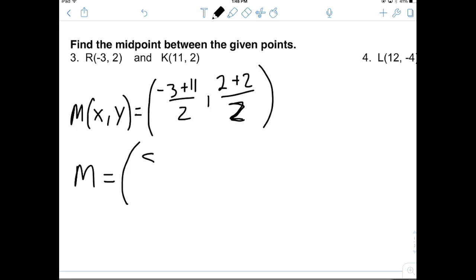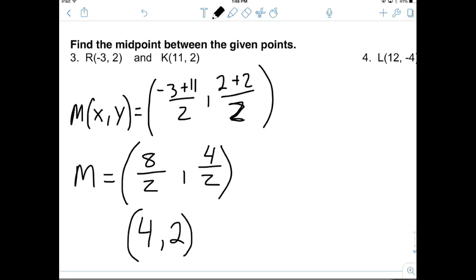That's an 8 over 2. 2 plus 2 is 4 on top over 2. And we'll leave that in a coordinate the whole time. 8 divided by 2 is 4. 4 divided by 2 is 2. And here is the midpoint: (4, 2).